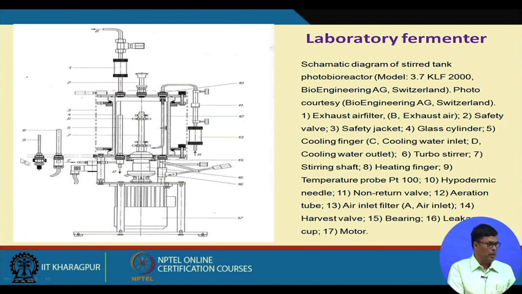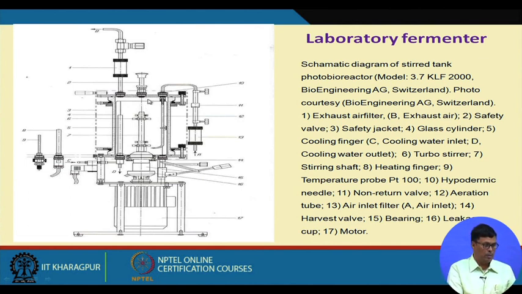So this is the temperature monitoring system, what we call a thermostat, and this is the safety valve, what we call a pressure regulated valve. As soon as the pressure increases to a great extent, it blows off so that no hazard takes place inside the system.